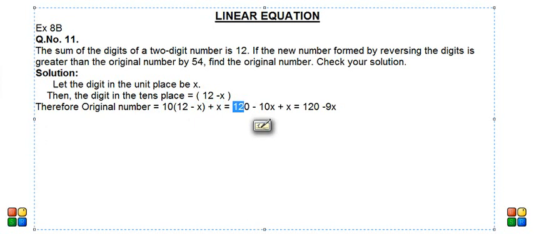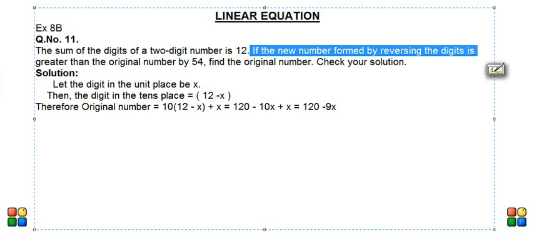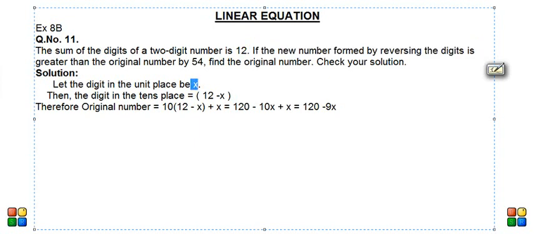Then the next statement. Before we write the next step, we must read this part of the question: the new number formed by reversing the digits. That means in the original number I have taken x as the unit place. Now x will become the tens place, and 12 minus x will be at the unit place.